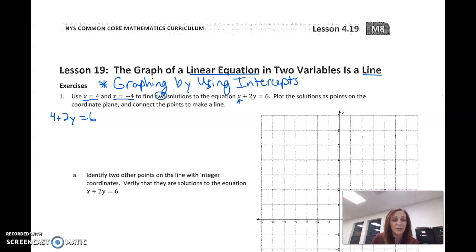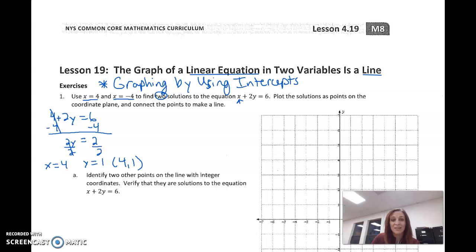I'm going to subtract 4 from each side, so 2y equals 6 minus 4, which is 2. Divide both sides by 2. Y equals 1. So when x equals 4, y equals 1, or the point (4, 1).